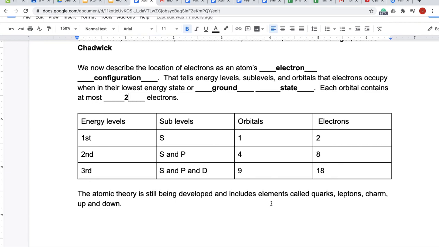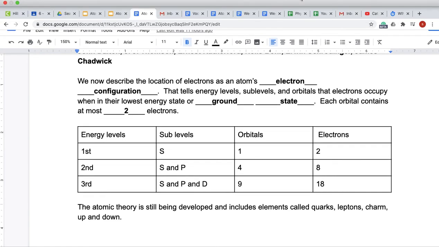I'm sorry if I stuttered a few times. Use this, pay attention to it, look it over again if you have to, and then compare it to the notes you put together in groups, and make sure all of your answers are right and all your information is completely correct. Thank you.